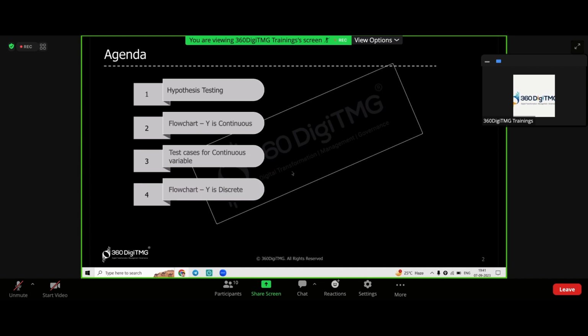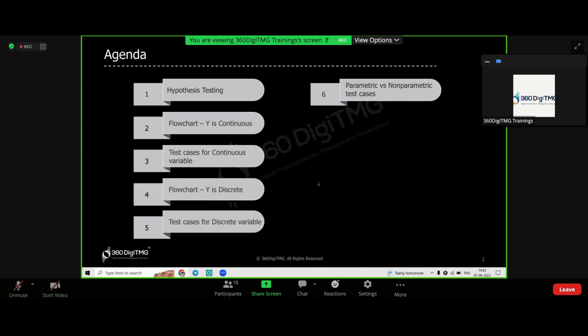Then we also have the flowchart when y is discrete, then test cases for discrete variables, and parametric versus non-parametric test cases. I hope you are aware of what parametric models and non-parametric models are.